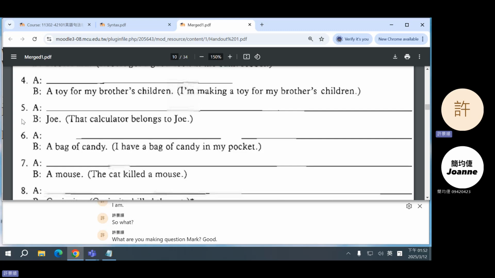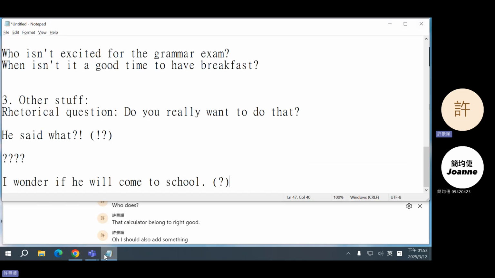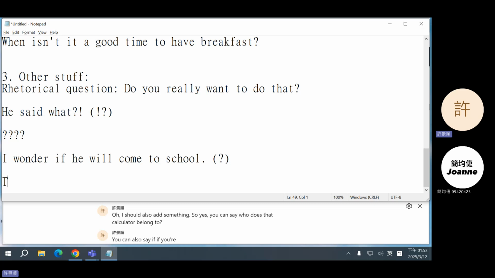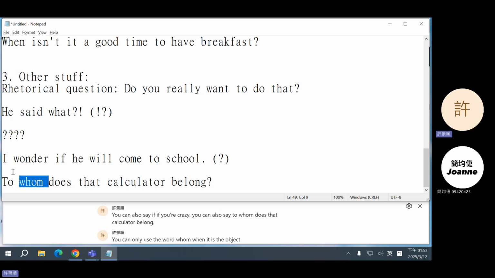Number 5. Yes, number 5. Who does that calculator belong to? Right? Good. Oh, I should also add something. So yes, you can say who does that calculator belong to? You can also say, if you're crazy, to whom does that calculator belong? You can only use the word whom when it is the object, not the subject.